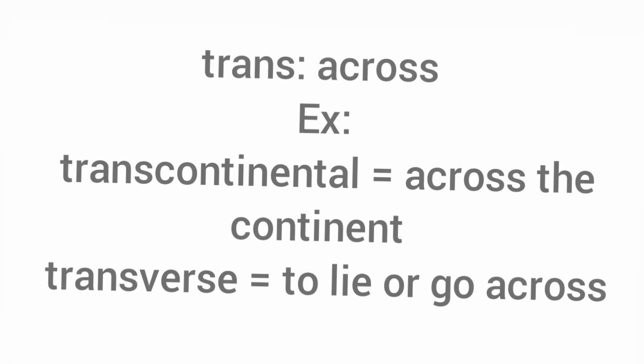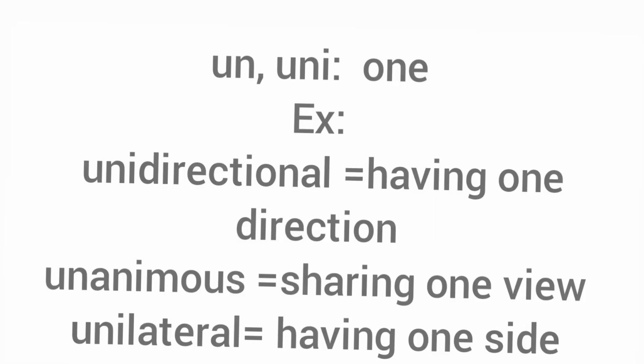Then we have trans, meaning across. Example, transcontinental, which means across the continent. Transverse, to lie or go across. Then we have uni, meaning one. Example, unidirectional, having one direction.